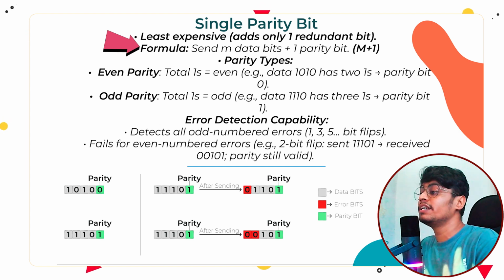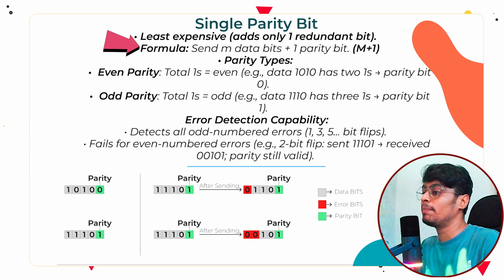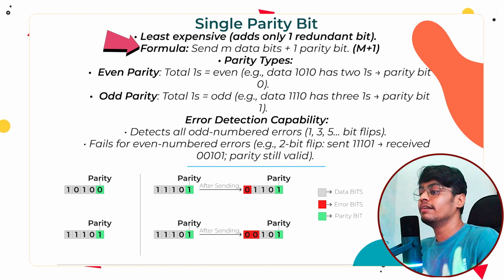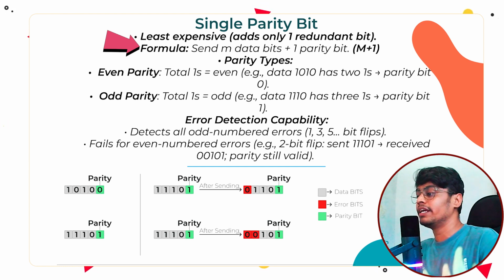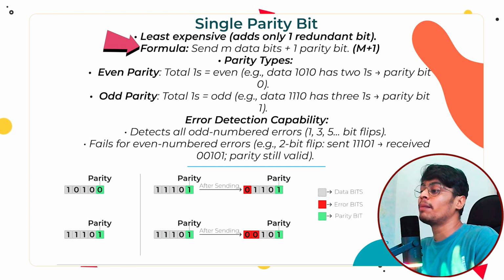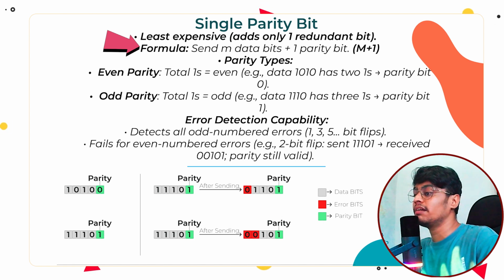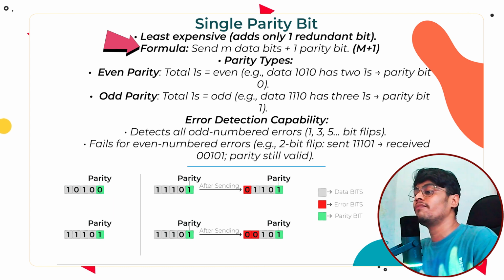In single parity, we use the m plus 1 formula. M is the number of message bits, meaning the message you are sending has m bits, and to it you have added only one bit. In double parity or CRC or checksum, we send more redundant bits with the message. Here we are sending fewer extra bits, therefore it is not very costly. It is the least expensive and a very simple method.